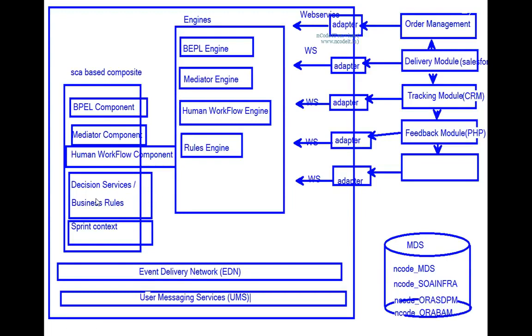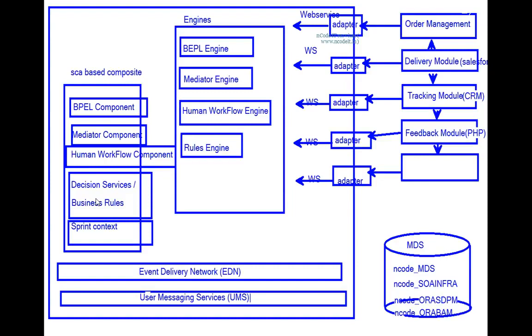See, for a business, if you take eBay, the business way of describing it is: when a customer buys something, I want to send it to the order management software. Then somebody should ship it, somebody should track it, somebody should take the feedback. That's how a business process works.